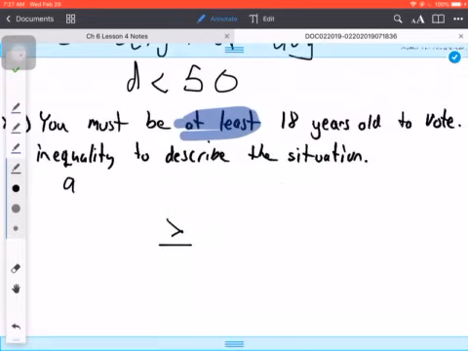So I'm going to say A represents age. So A is greater than or equal to 18. And that would be the inequality that we would utilize to describe this situation.